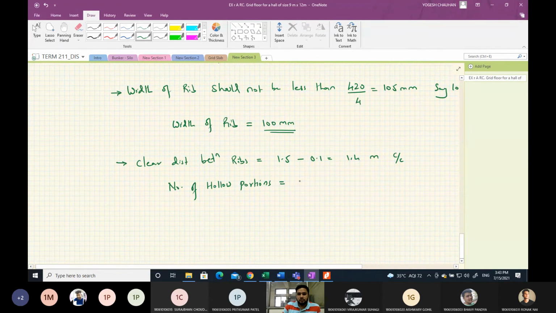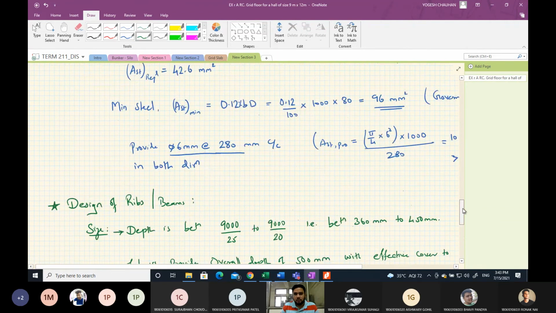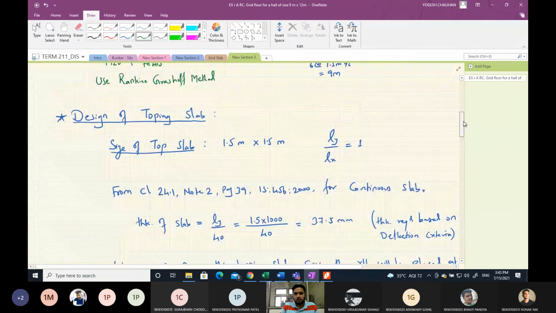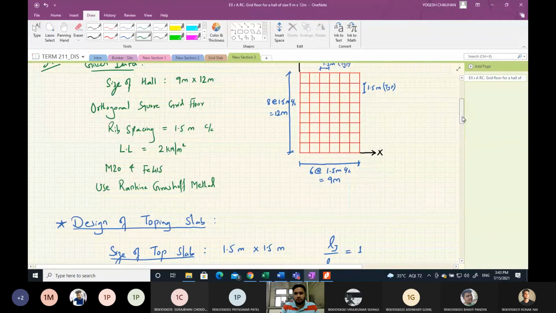Actually it is 9 by 1.5, that is the spacing, multiplied by 12 divided by 1.5, that is 6 by 8.